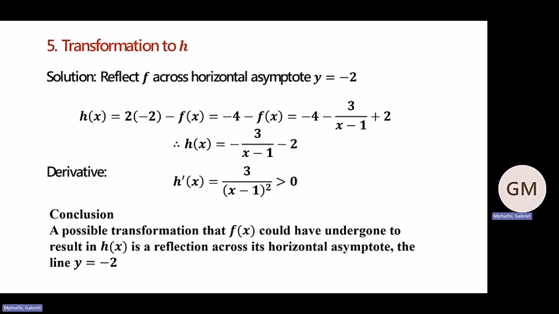And to conclude, a possible transformation of f of x is the reflection across its horizontal asymptote, the line y equals 1. So reflection, rotation, those are transformational terms.